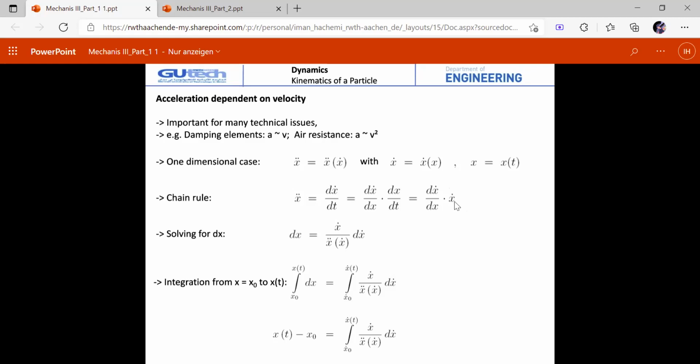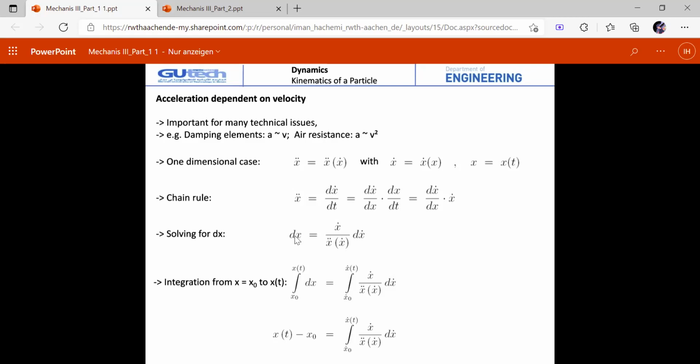And here we have x dot, which means we take the time derivative of the position with respect to time. Then we solve that here, for example, for a small, infinitesimal distance.